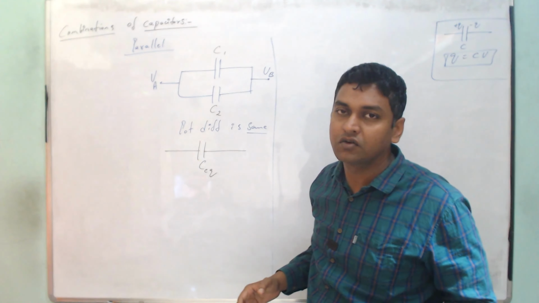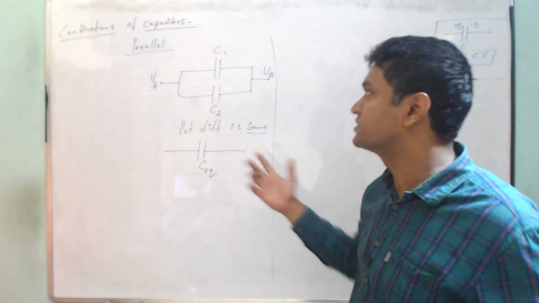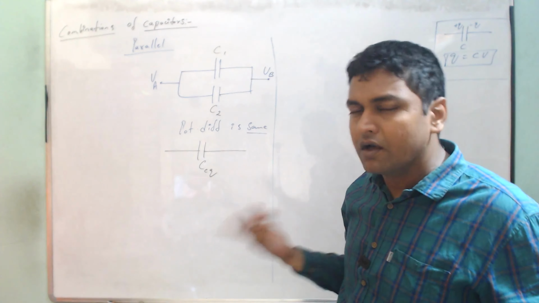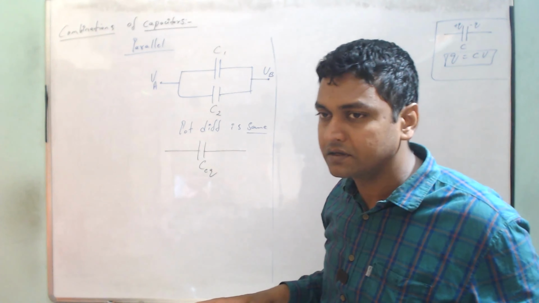If I remove these two and place a third capacitor, how much should this capacitance be so that the rest of the system, whatever the system might be, feels no difference? It should have the same effect. These two and this one should have the same effect. Is this clear?